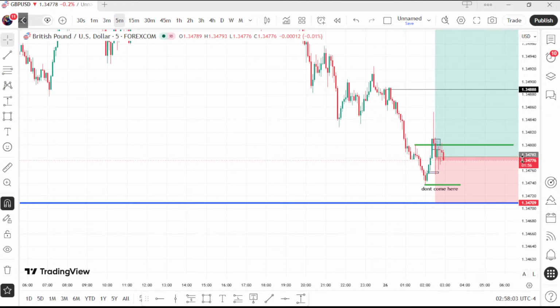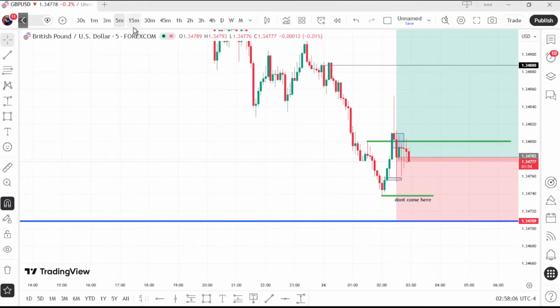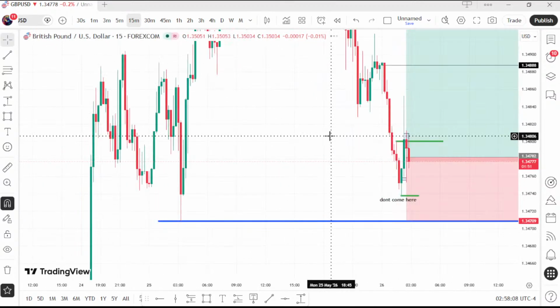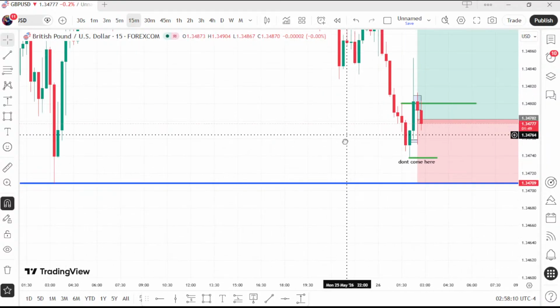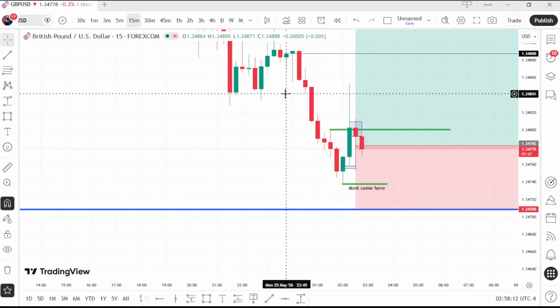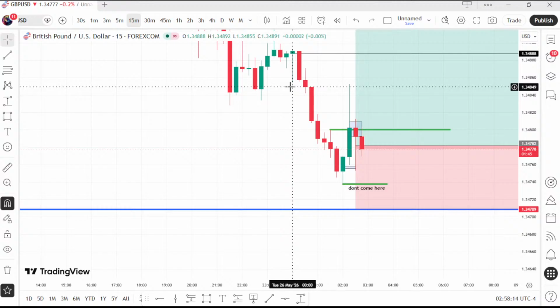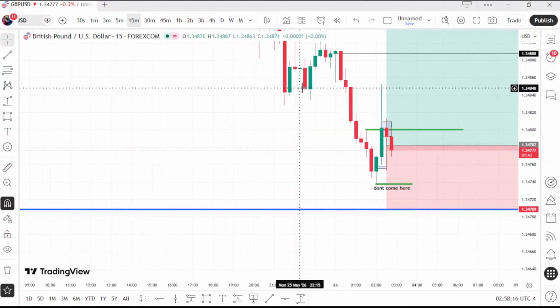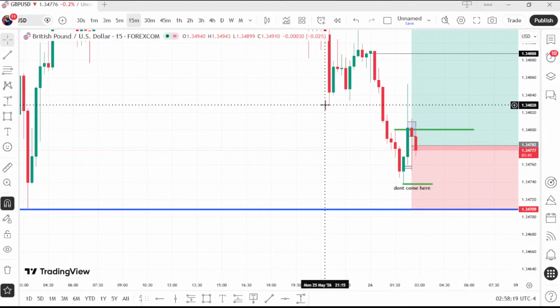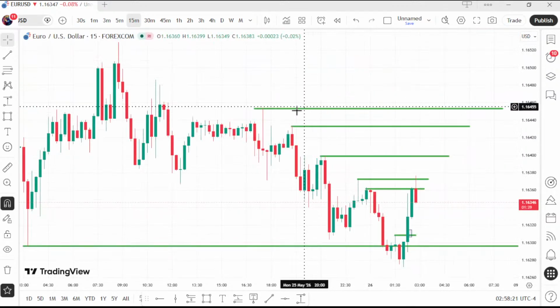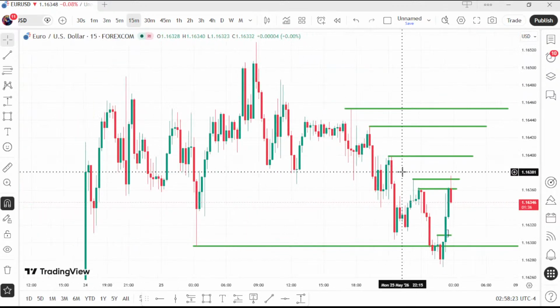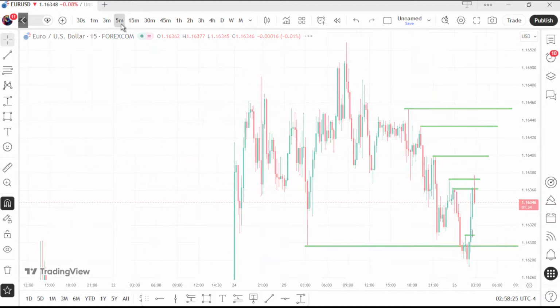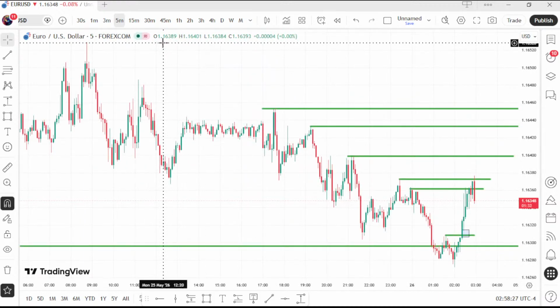Yep, wrong. This is my favorite pair, but today it seems that it's telling us that we are actually not going to go up high, but we are going to use the euro. But you see also the euro, it has declined. Always remember there is no news today.